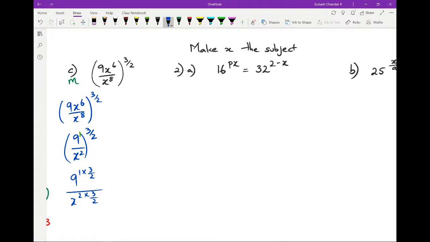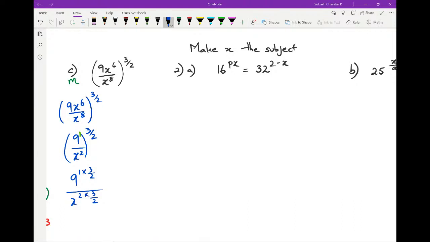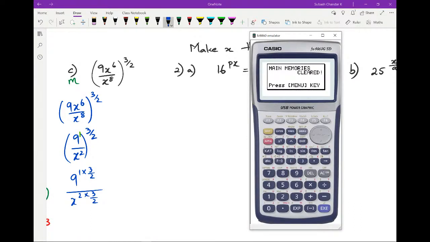Now here's the thing, guys. You've actually got your calculators. Whether you have a graphics calculator or a normal calculator, it doesn't really matter. So we're going to put this as 9 to the power of 3 over 2. When you do this in the calculator, I'm going to show you 2 different ways. The first one is when you do it this way.